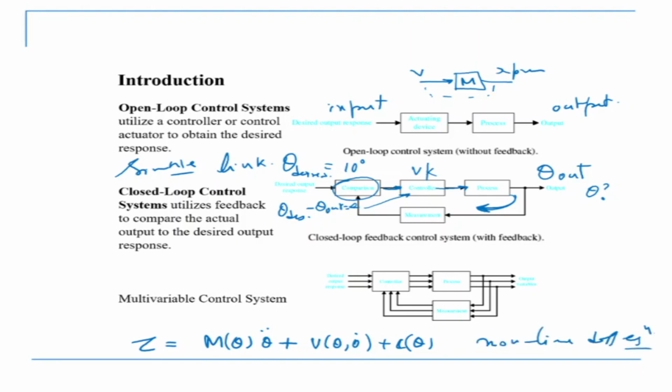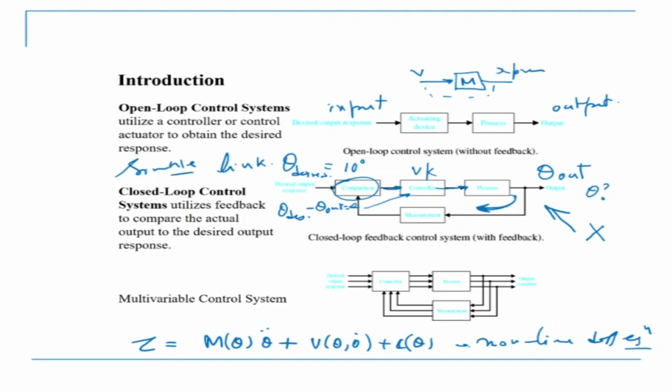It's a coupled nonlinear differential equation. Coupled because we know that every joint affects the other joint. We have seen in terms of the propagation of the velocity and acceleration from the base link to the forward link. That means the previous links are affecting the next links. So when we are making this assumption of independent joint control, this is not really correct. But it's an assumption, it's a simplification.